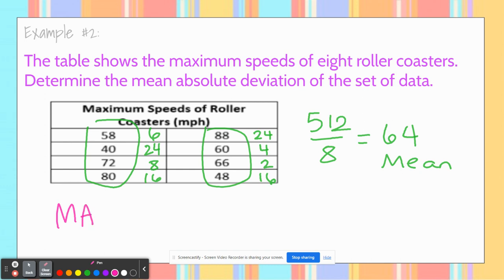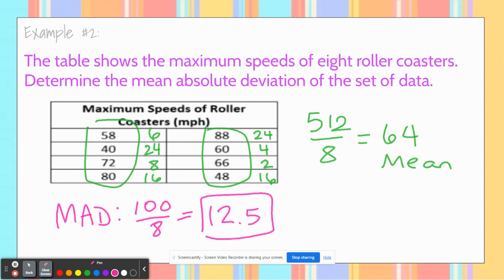So to find our mean absolute deviation, we take our 100 and divide it by how many numbers are in our data set, which was 8, and that gives us 12.5. So our mean absolute deviation is 12.5.